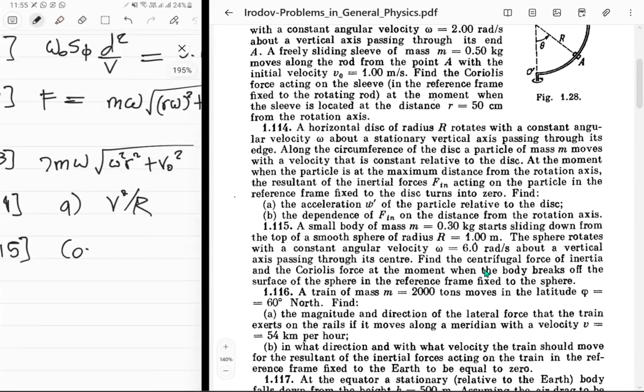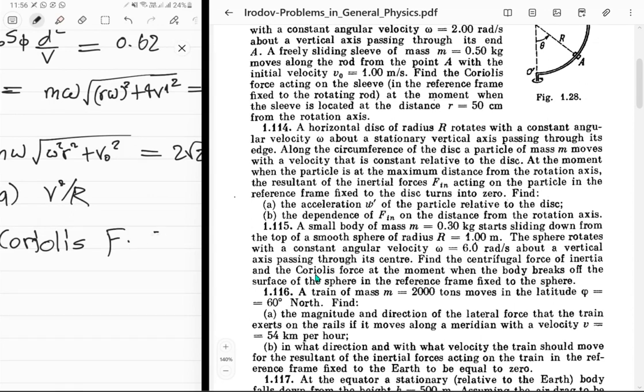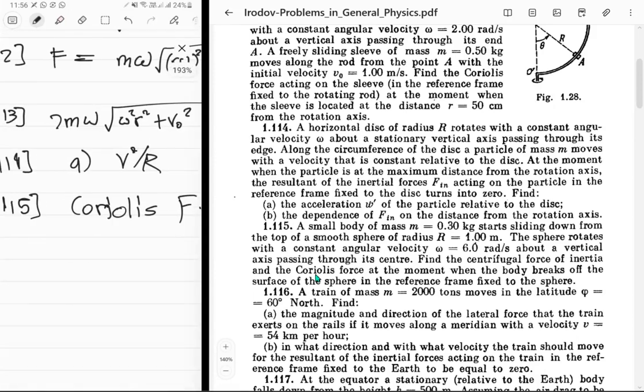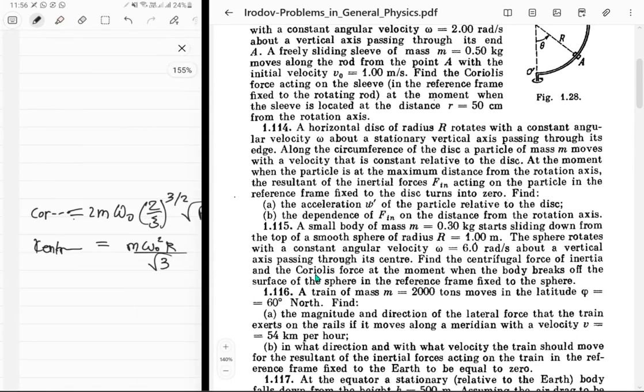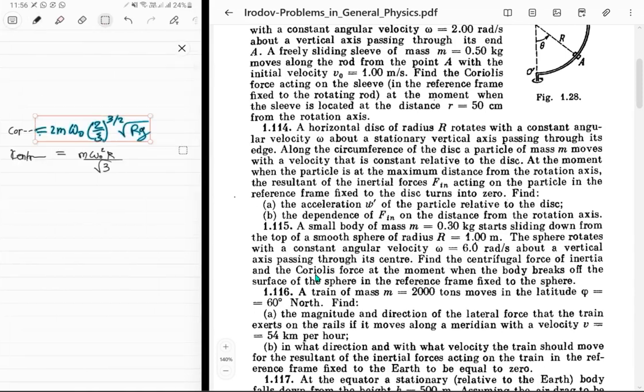So let's write down Coriolis. What's the spelling? Oh, it's supposed to be I. Coriolis force is equal to, just write this in there, 2m, just copy this actually.